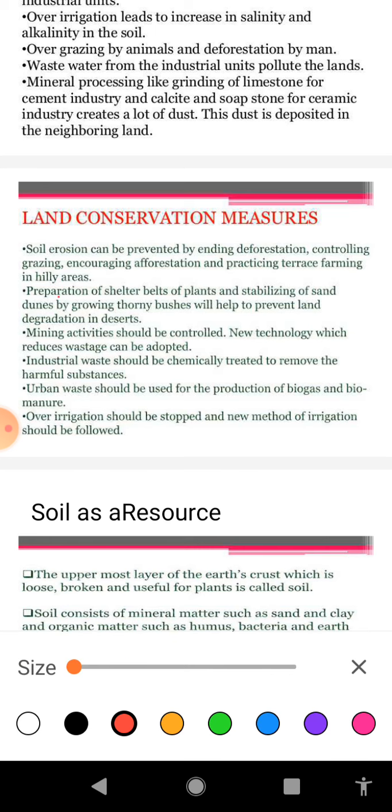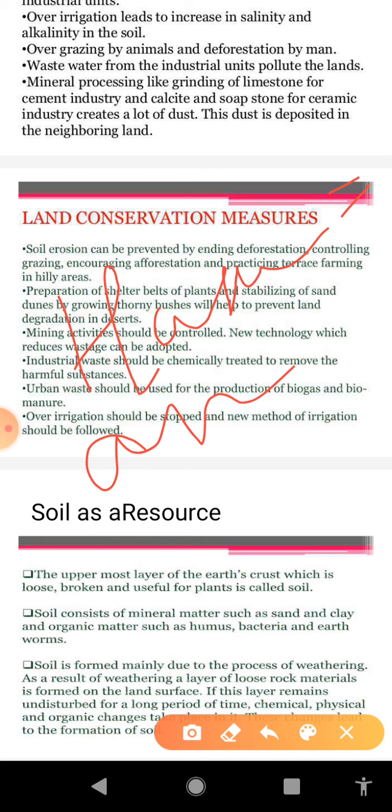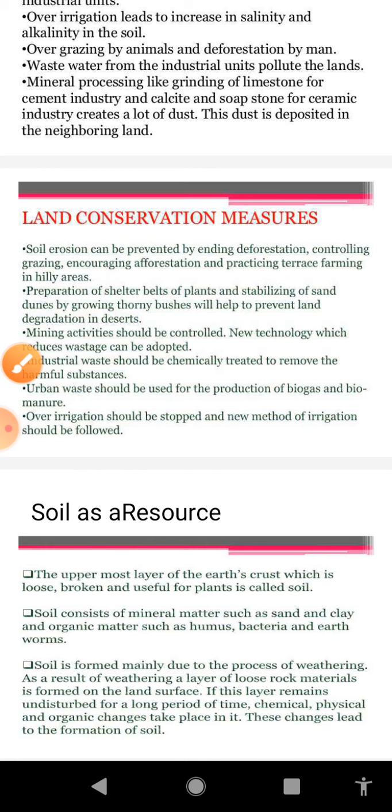So these are the two main factors: physical factors, or if you want you can call them geographical factors, then human factors or economic factors.